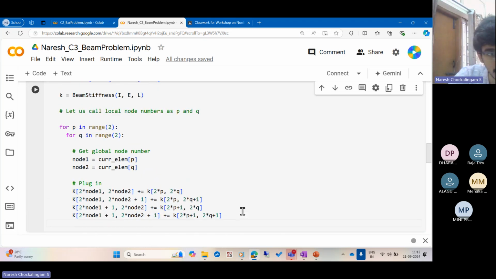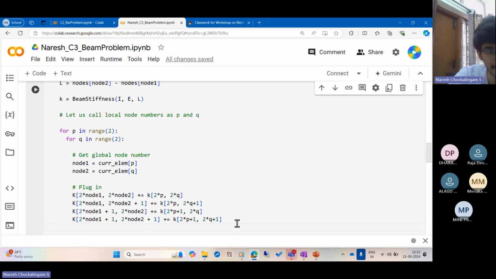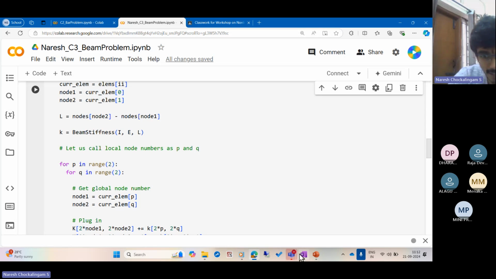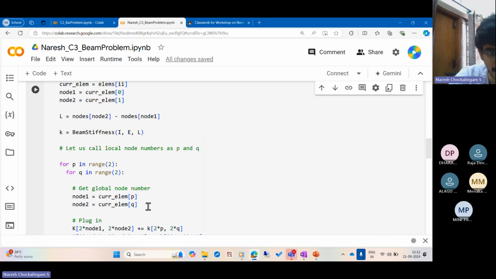Next, what do we do? This will get the global stiffness matrix. Let us first check if it's giving the correct values. In this case, what should we get? With L, A, E, I, everything being 1, you get 12, 6, minus 12, 6. We should actually recover this.